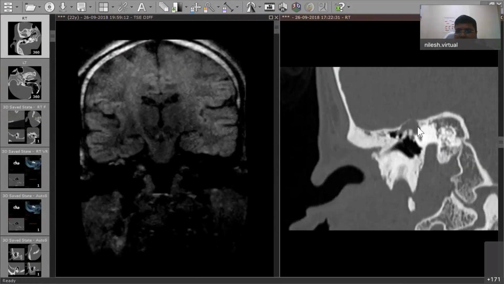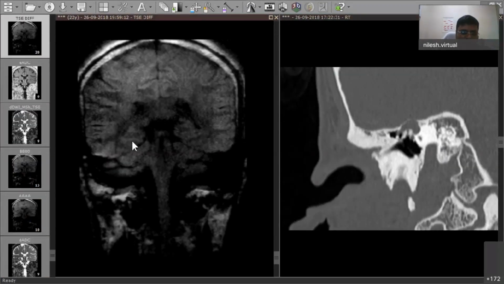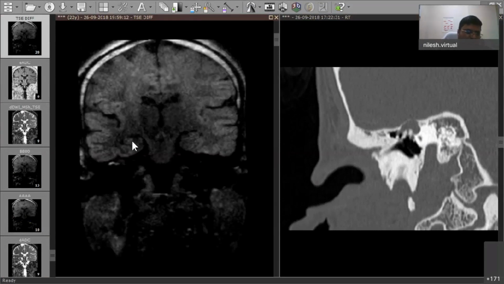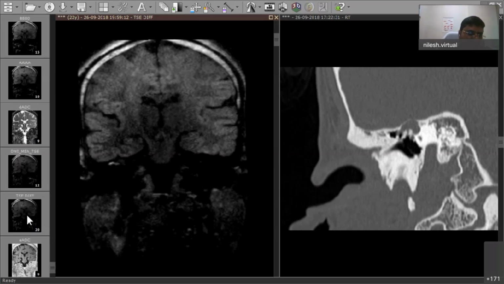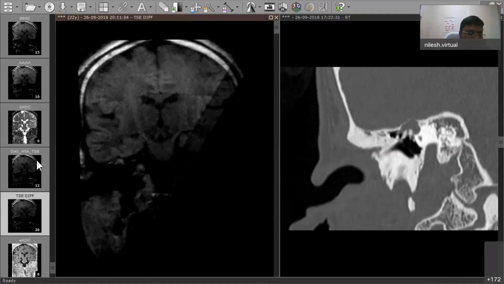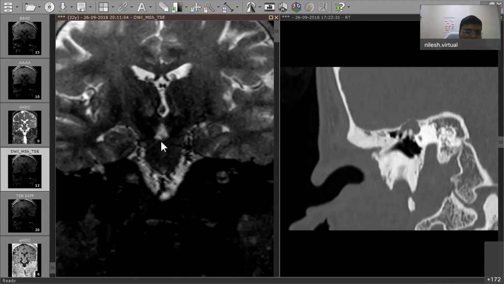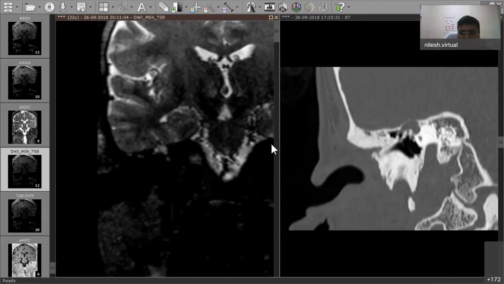This is the same area you can see in the diffusion weighted imaging. The same area is giving bright signal in diffusion weighted imaging, this area.